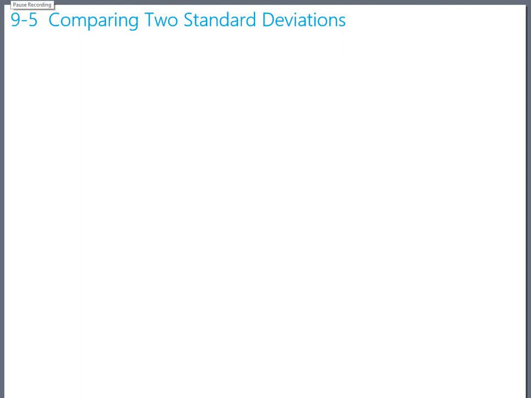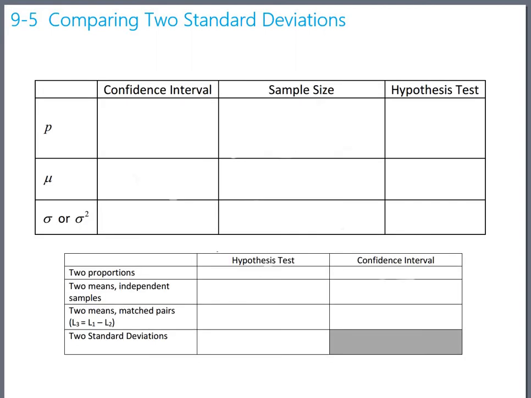All right, as we're getting ready to finish up chapter 9, I just wanted to do a little recap of where we've been in the last 3 chapters, try to get the big picture. So keep in mind what we've done so far. We started all the way back in chapter 7 with confidence intervals and sample size calculations.